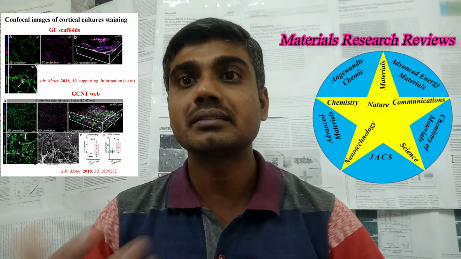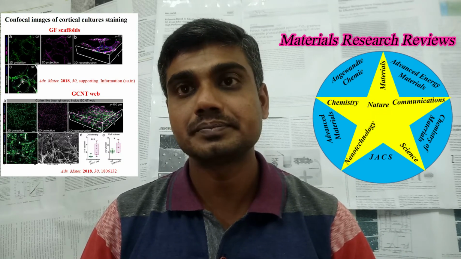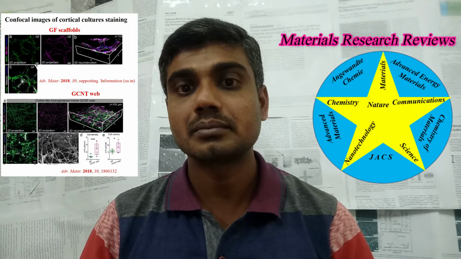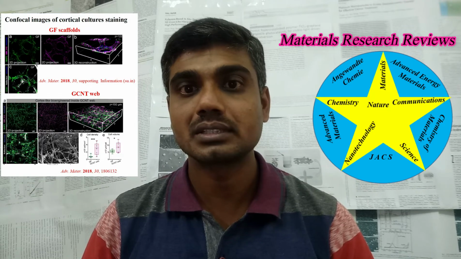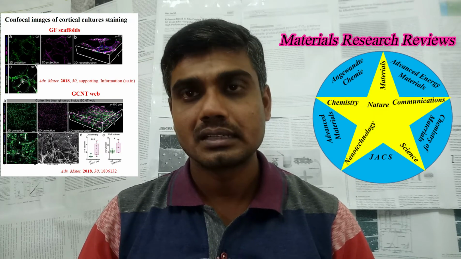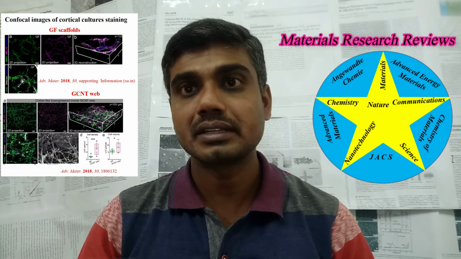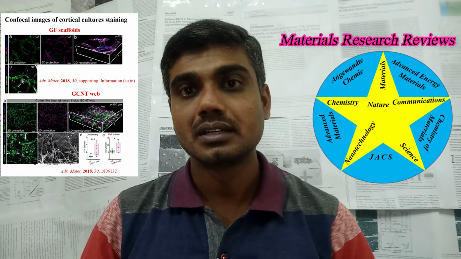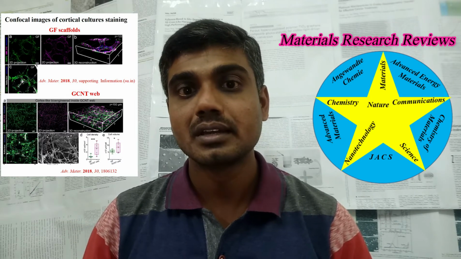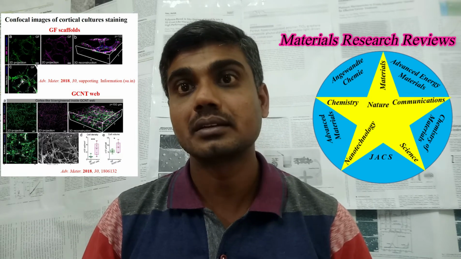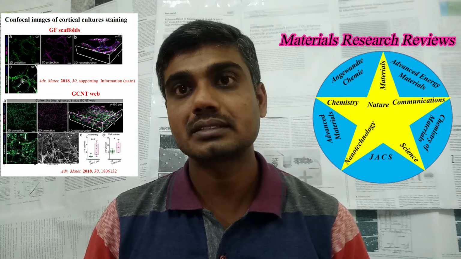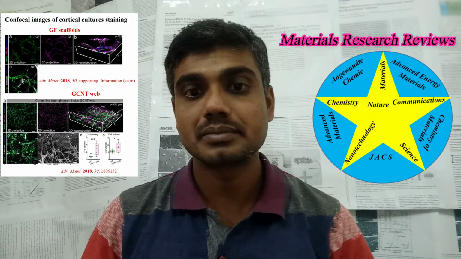They compared graphene foam scaffold and graphene carbon nanotube web. You can see in this figure that with graphene foam, the signal shows only on the surface, but in the case of the graphene carbon nanotube web, it shows in all directions, a very beautiful material.